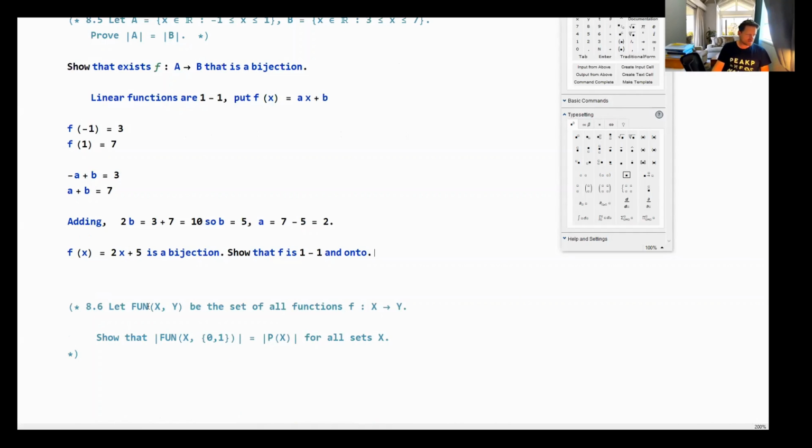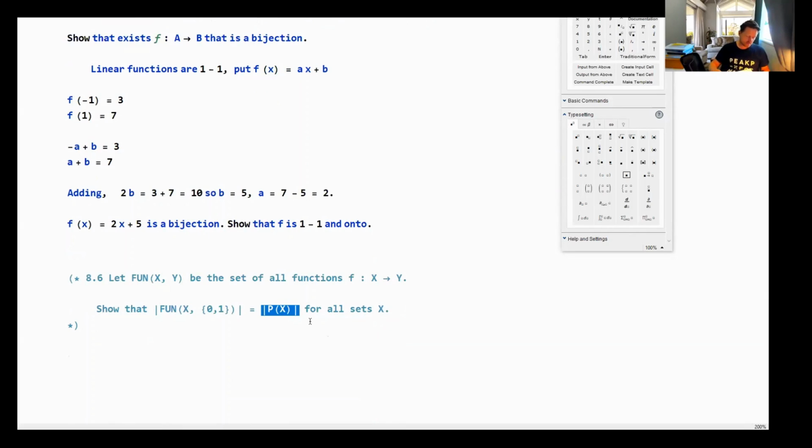But you've got to show that the set of functions from a set x to the set {0, 1} has the same cardinality as the power set of x for all sets x. All right, so that's a bit of a tricky one, but the key here is basically to find a bijection.